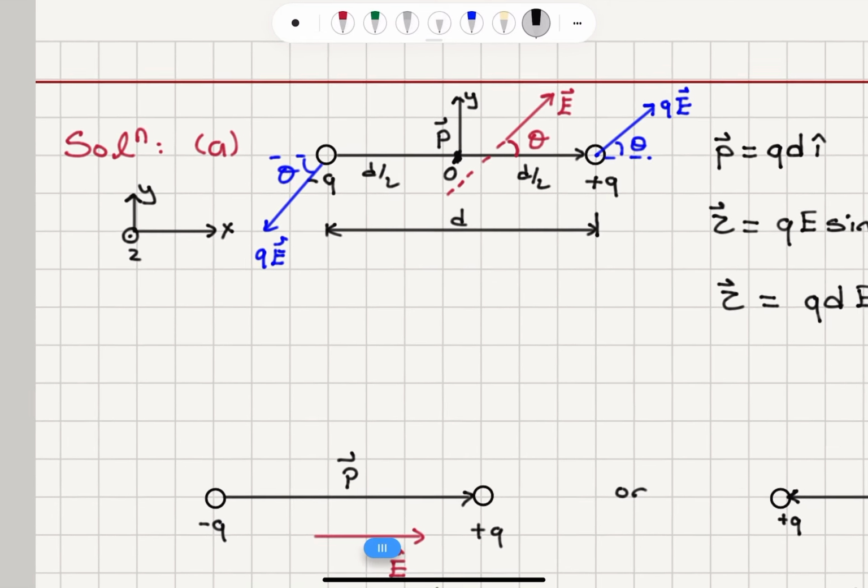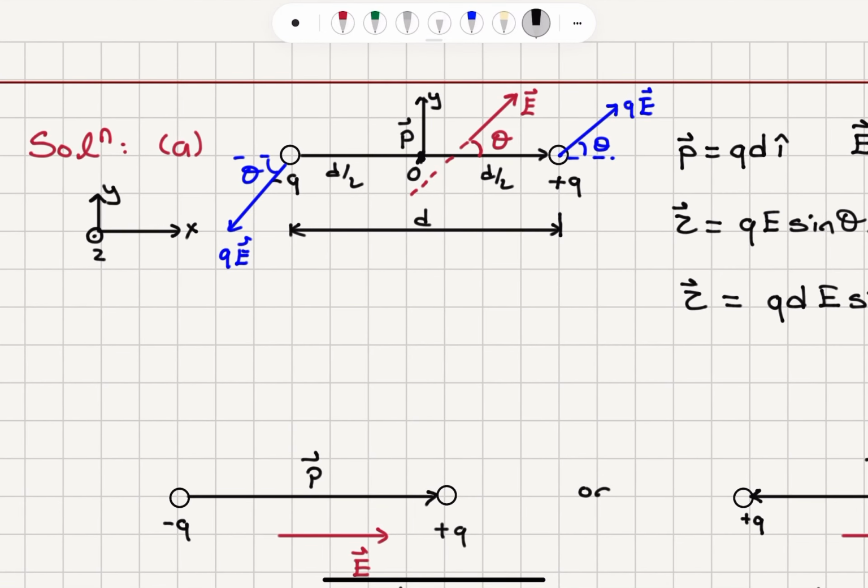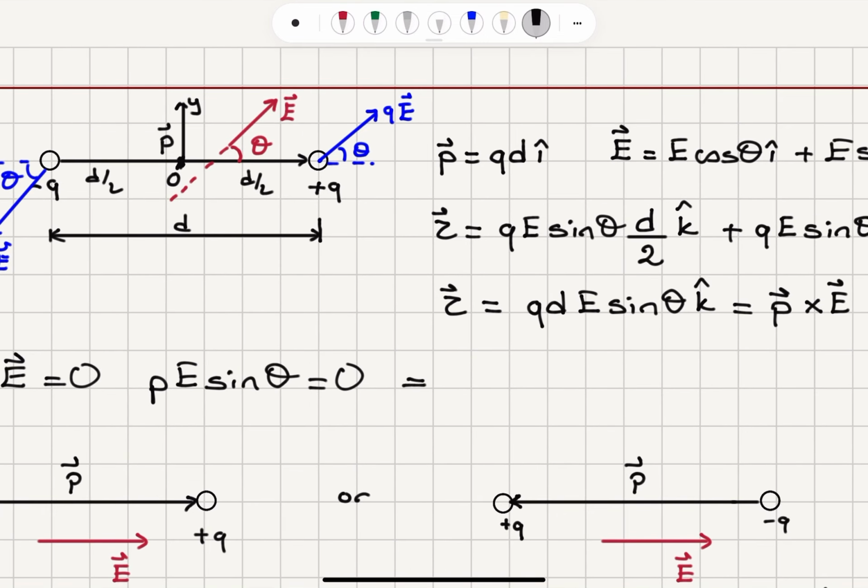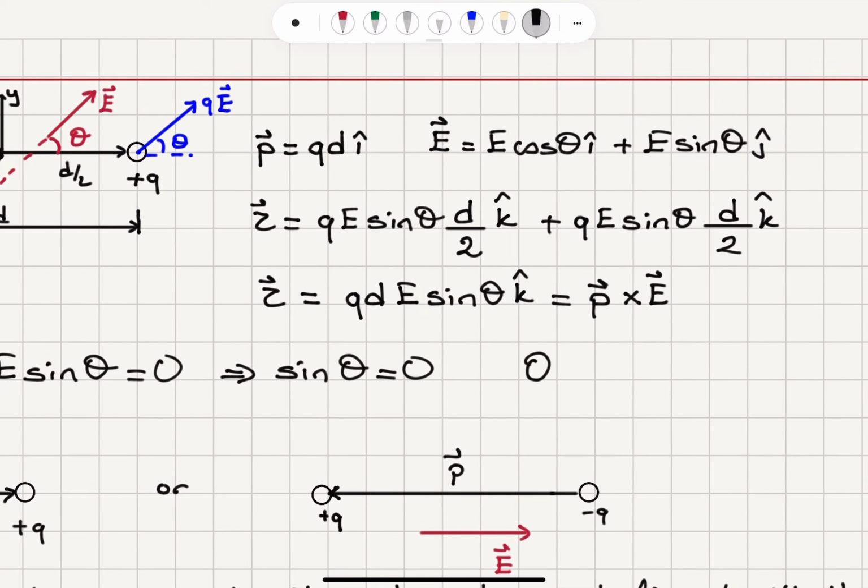All right. Now, when is this torque equal to 0? Torque equals p cross E. This is going to be 0 when you have p multiplied with E, sine of the angle between them, theta, equals 0. So this tells us that sine theta should be equal to 0. So we obtain 0 torque for theta equal to 0 or theta equal to pi.